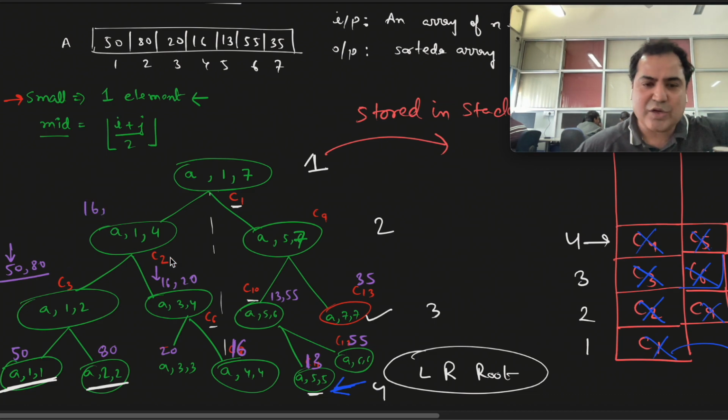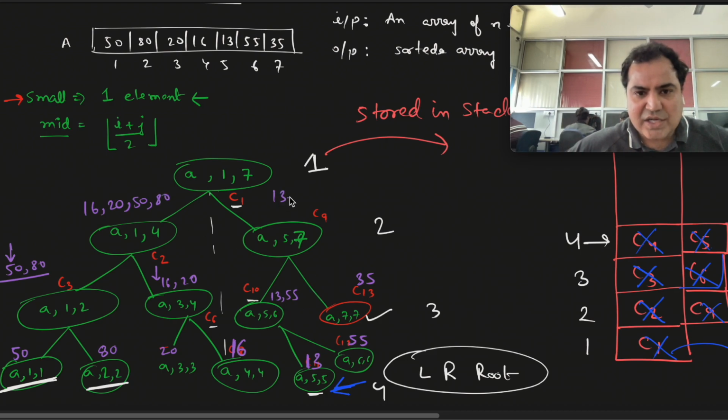I will tell that algorithm also, but we will first write it out: 16, 20, 50, 80, and from this side we get 13, 35 and 55. Now these are two sorted subarrays.